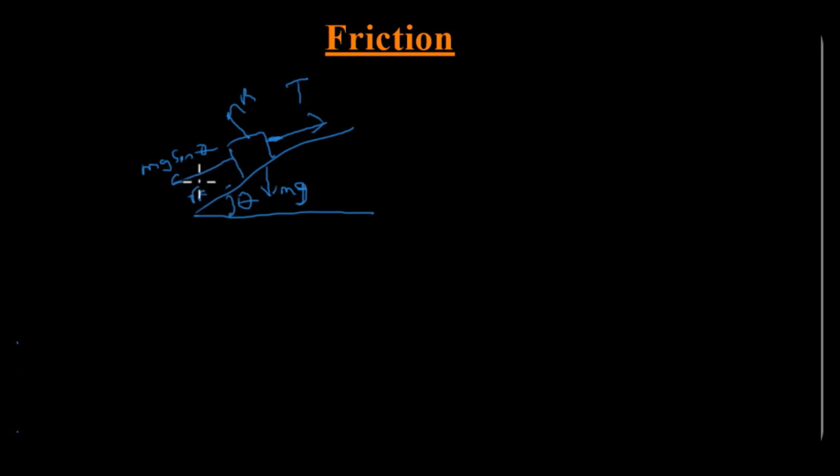So this time around, I have two forces that are opposing this tension or this force that is being applied here. So to analyze this, I simply want to say T minus mg sine theta minus frictional force must be equal to F net.